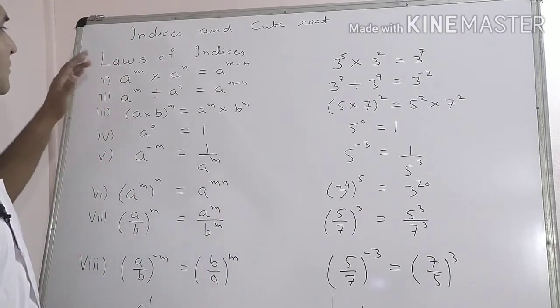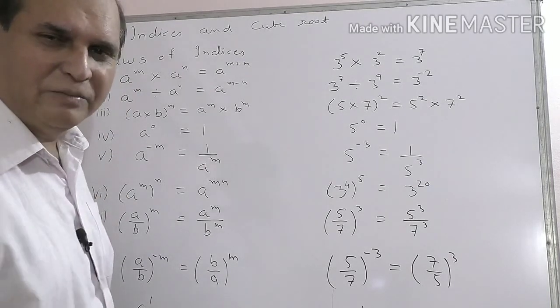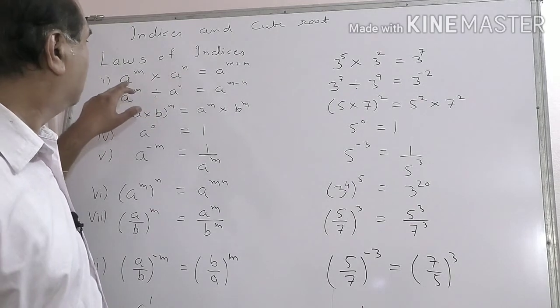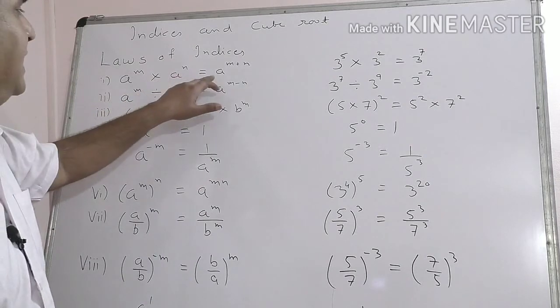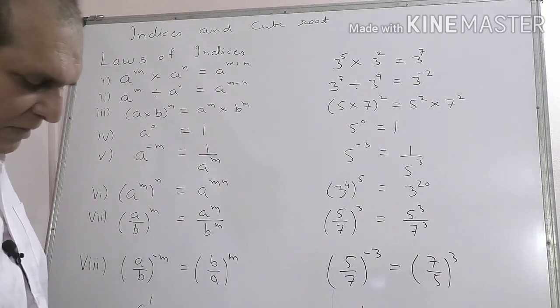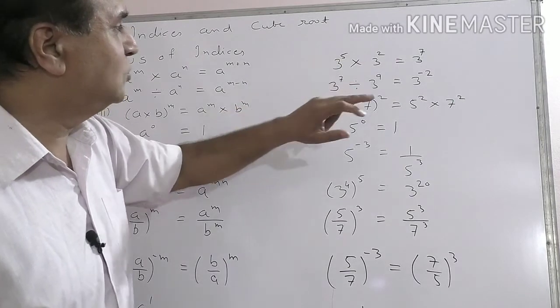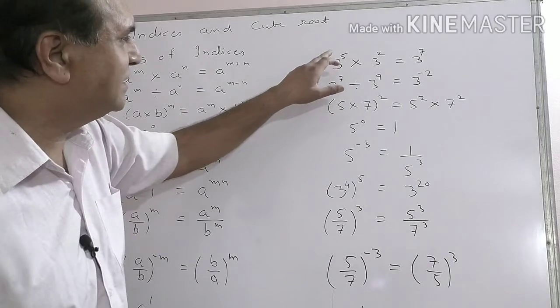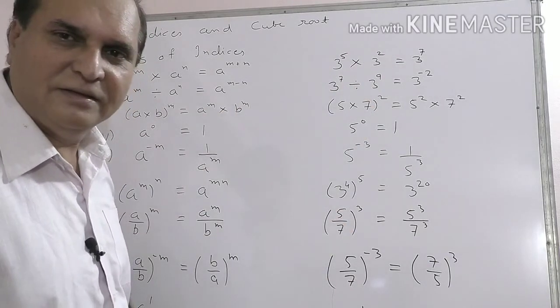See, the first law of indices: a raised to m into a raised to n. a is any number, 3, 4, 5, 6, 7, whatever. m and n are powers. a raised to m into a raised to n is directly a raised to m plus n. For example, 3 raised to 5 into 3 raised to 2: 3 five times, 3 two times, multiplication is 3 seven times, right? 5 plus 2 is 7.